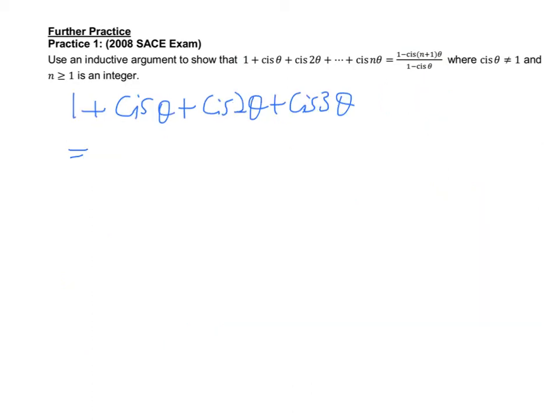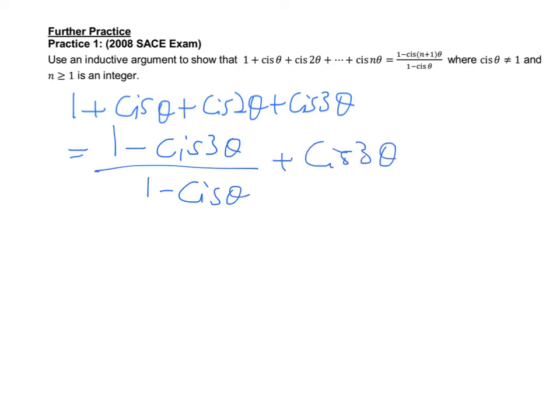So alright, here, now the sum of the first 3 terms plus the next, and the first 3 terms I've already proven earlier as being this, 1 minus sec 3 theta over 1 minus sec theta, plus this sec 3 theta. So you can see that we are using these results we've proven earlier to try to prove the next term, which is the one right now. So let's continue on and see what we get.